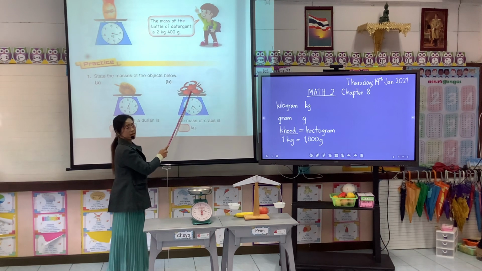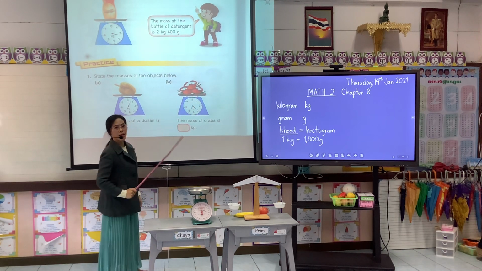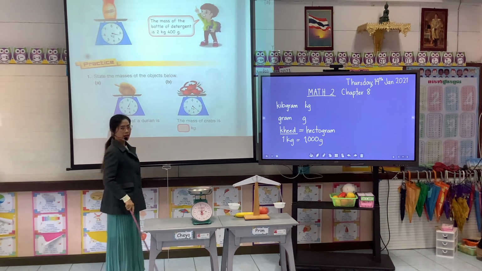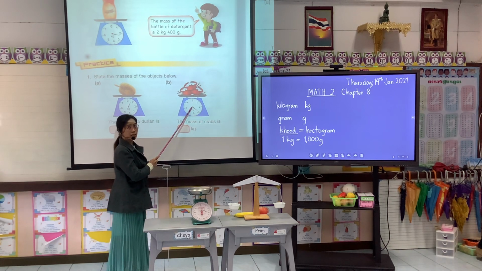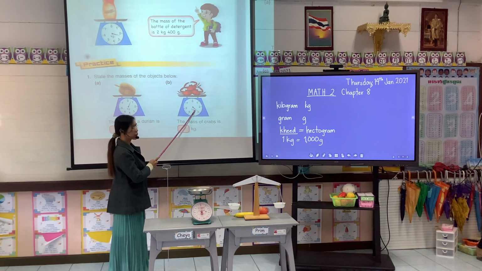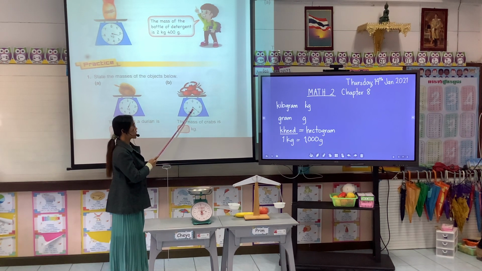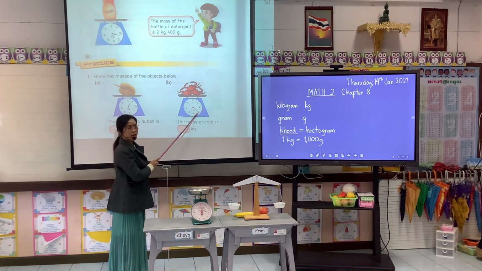Letter B. What is this? Crabs. What is the mass of the crabs? Again, look at the pointer. Always look at the pointer before reading the spring scale. The pointer points at 3. So this one is easier.